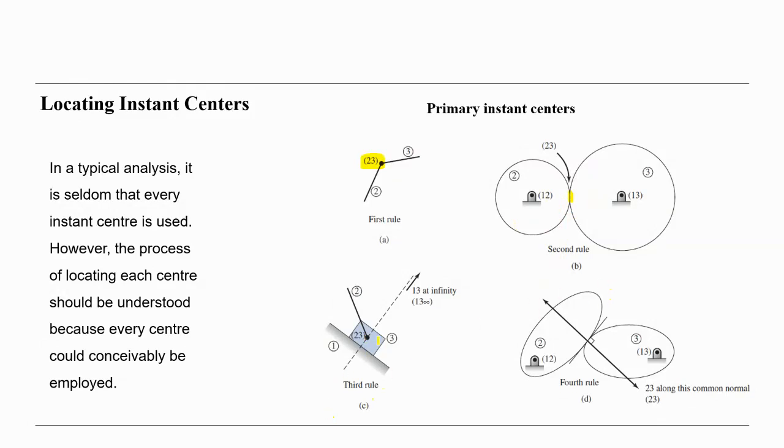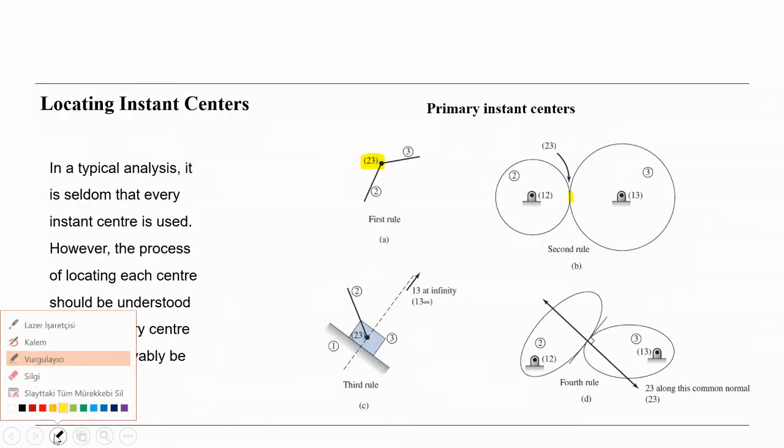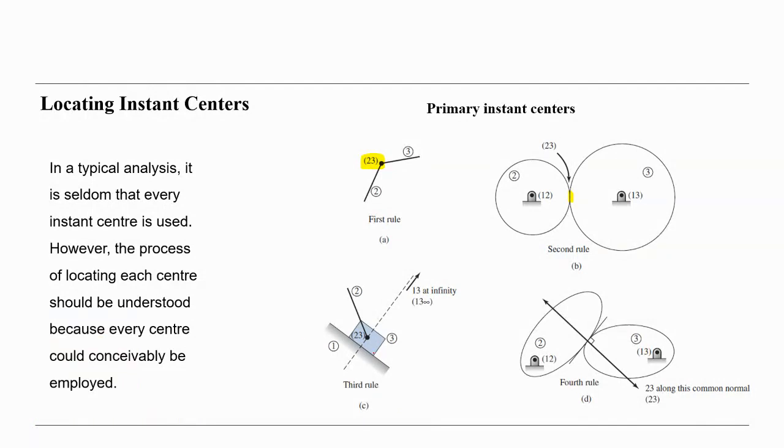Or if we have a slider like here, the instant center of link 3 is somewhere on a line perpendicular to the line where link 3 is sliding.